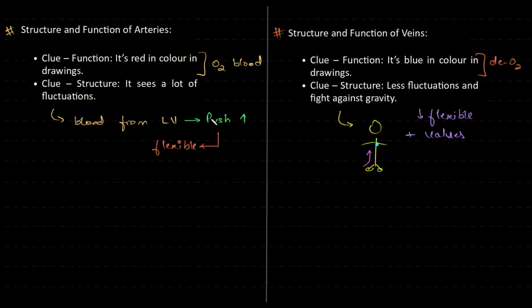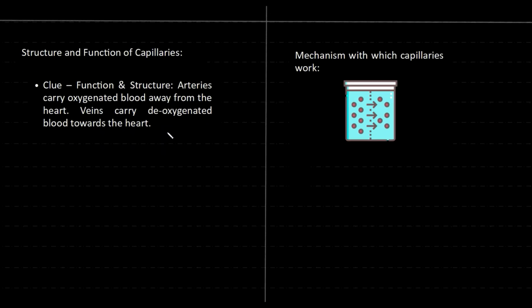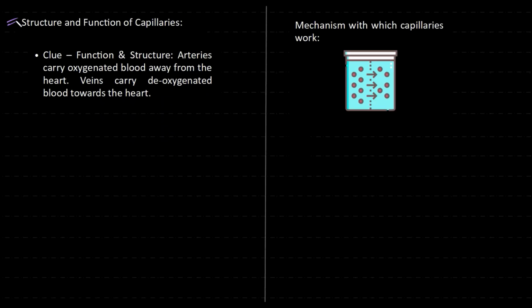Now, so we have oxygenated blood coming in. This is going out. So obviously the capillary has to do with what? Yes, it has to do with the exchange. Exchange of what? Oxygen and basically gases. So the gas exchange has to take place, and that happens with your capillaries.